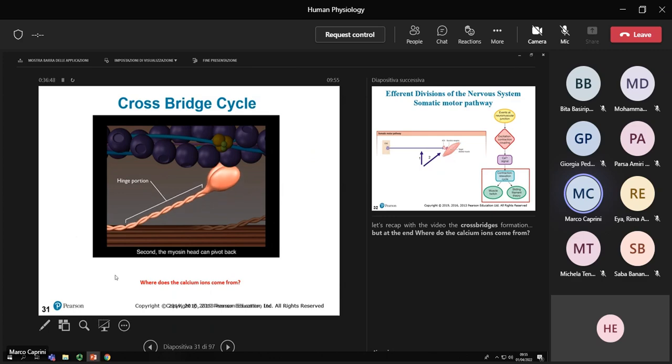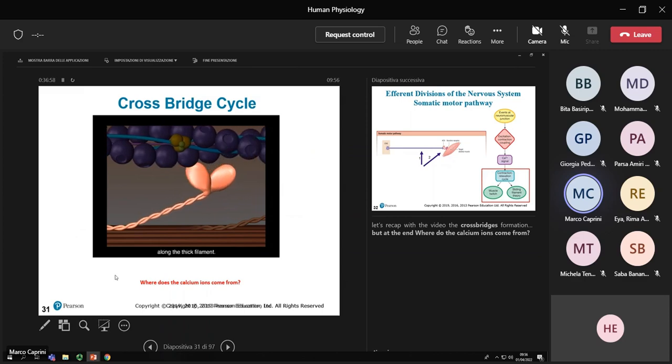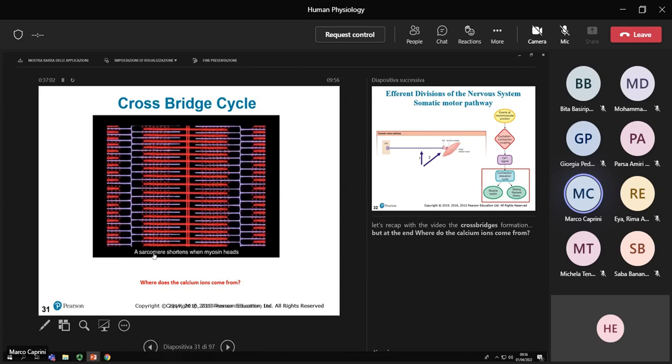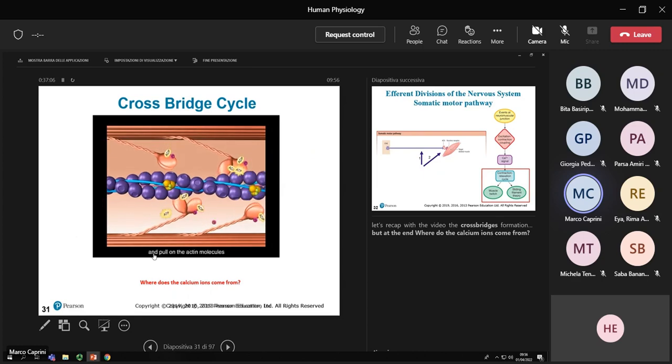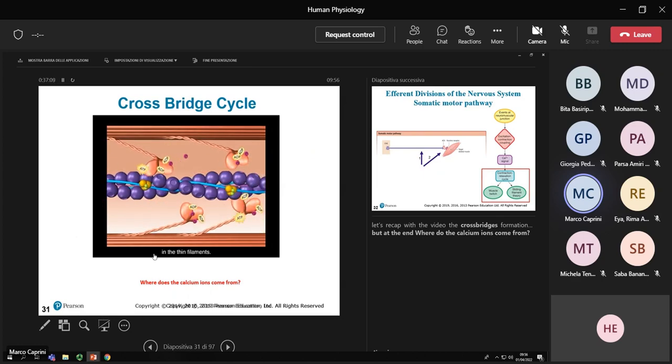Second, the myosin head can pivot back and forth between high energy and low energy positions. This pivoting motion constitutes the power stroke that pulls the thin filament along the thick filament. A sarcomere shortens when myosin heads on the thick filaments form cross bridges and pull on the actin molecules in the thin filaments.